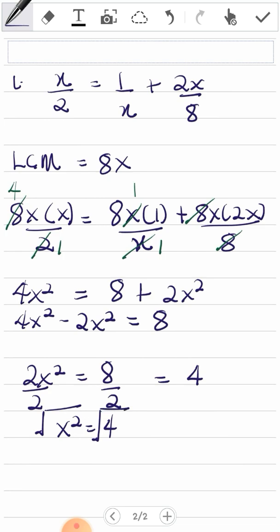But mind you, in mathematics, SHS, we don't just take the positive root, we take the positive and negative roots. So plus or minus. We can get x is equal to plus or minus 2.